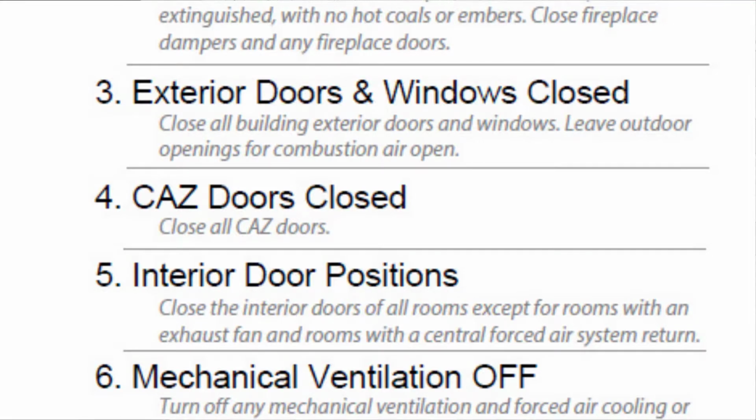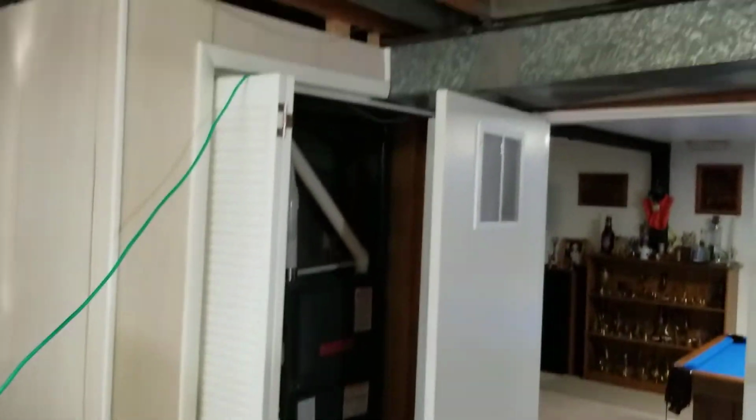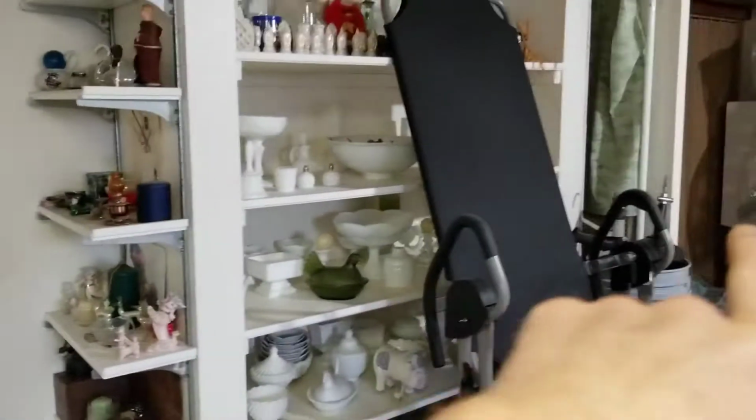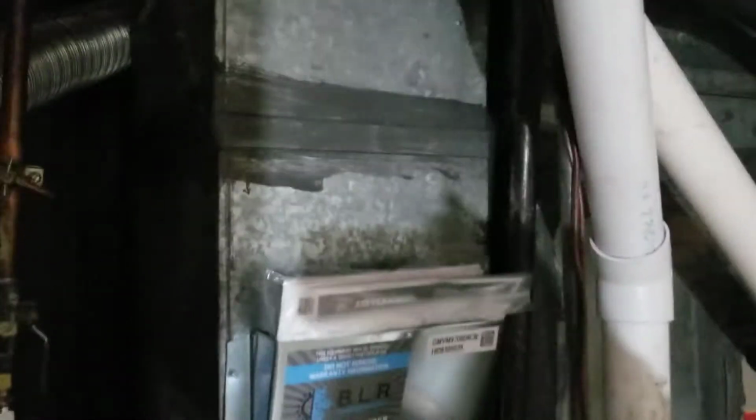Okay, step number 4 is to close all the CAS doors. So again, here I am from inside the CAS, and we have our furnace and our water heater inside this closet. The closet is louvered, so really we are talking about closing this door here. We have another door over here, and then back in the back of our CAS we have a 3rd door which you can access from this room.